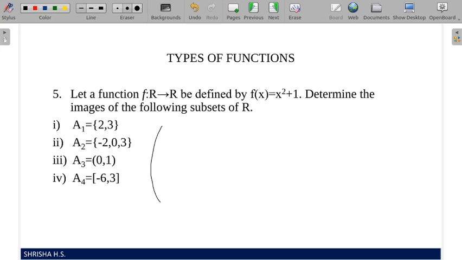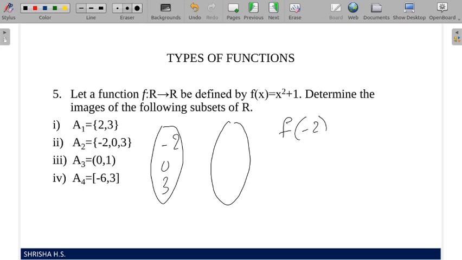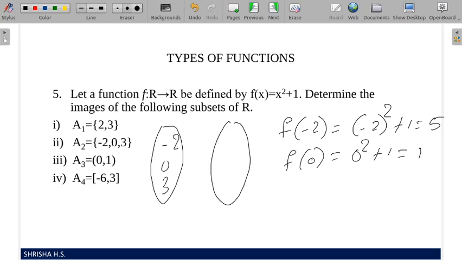So the second question we will go on to: minus 2, 0, 3. We all know the answer. Minus 2 whole square plus 1, so you get the same answer, 5. 0 square plus 1 is 1. And f of 3, again we know 3 square equal to 9 plus 1 is 10.